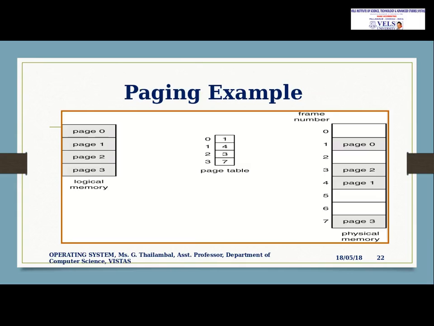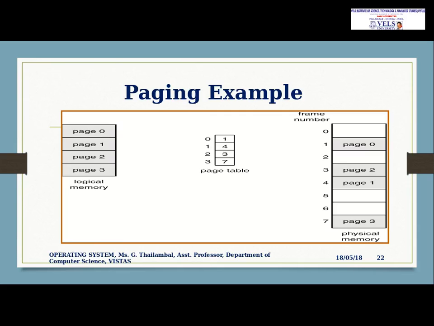You have some more diagrammatic representation of paging. In logical memory, it has been divided into 4 pages: 0, 1, 2, 3. You will have a page table, and in that page table you will have the corresponding frame number. Page 0 will be residing in the first frame. You check the physical memory, and check all the frame numbers 0, 1, 2, 3, 4, 5, 6, 7. According to the page table, page 0 will be in the first frame.